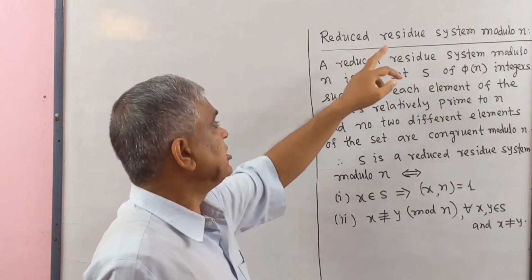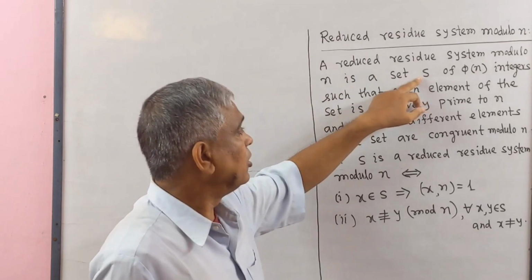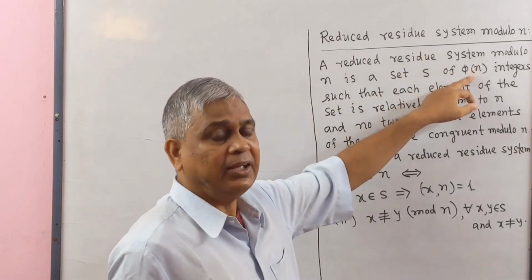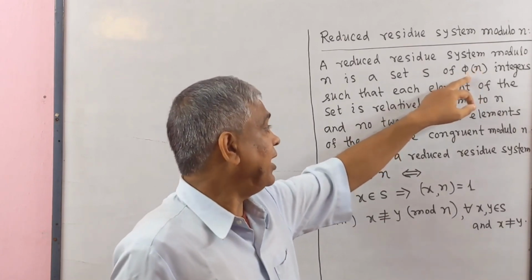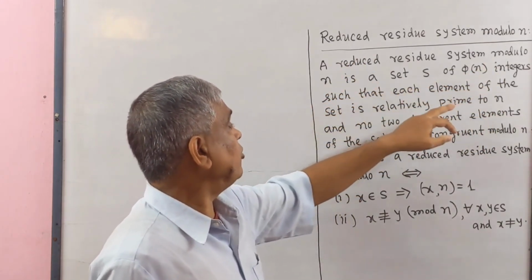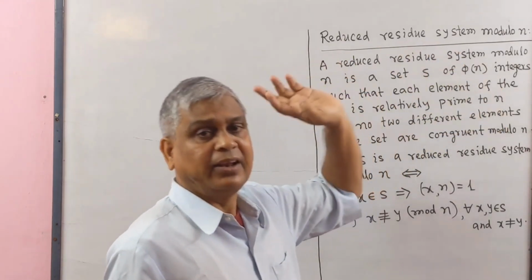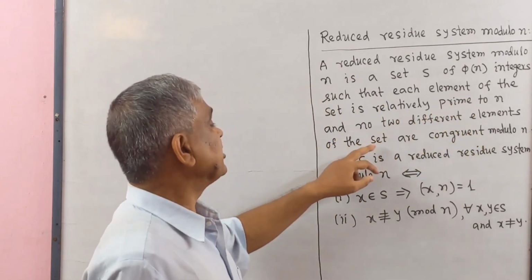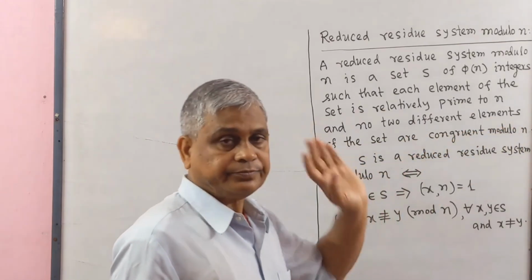A reduced residue system modulo n is a set S of phi n integers, where phi n is the Euler's phi function of n, such that each element of the set is relatively prime to n, and no two different elements of the set are congruent modulo n.